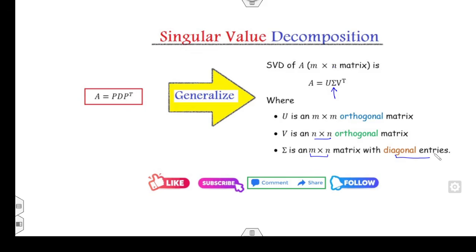I will explain each concept, what an orthogonal matrix is and what diagonal entries are, in this lecture as well. So you can watch this video till the end, and I hope you like and subscribe to my YouTube channel.